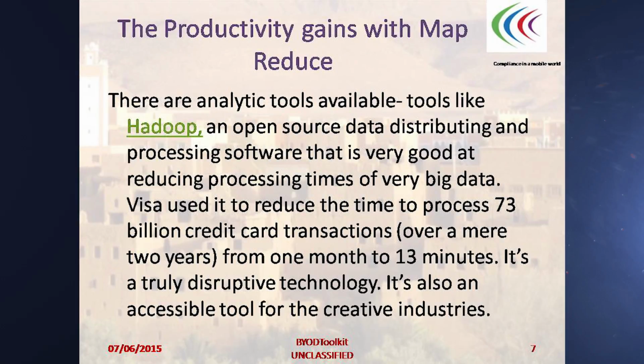Okay. The kinds of productivity gains that have been achieved over the last 10 years with MapReduce, which is a very simple technique that I described of distributing data out to a node, doing a bit of processing, and sending the results back to the central node. They have achieved this kind of productivity gain.